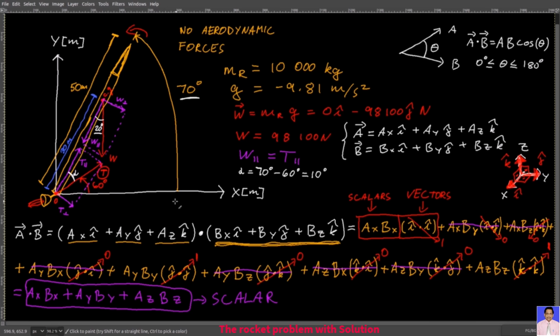And especially in 3D, it's a lot easier to do it like this. But also if you have a two-dimensional case, then the logic is the same. So if your A vector does not have a third dimension, and your B vector does not have a third dimension, then in the end, you will have this result. You multiply the x components of both vectors, and then you multiply the y components of both vectors.